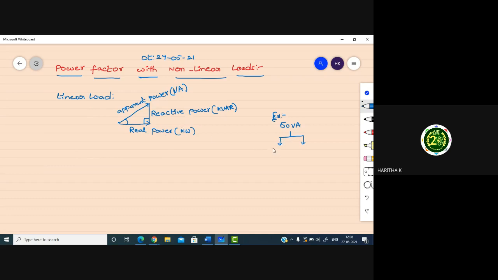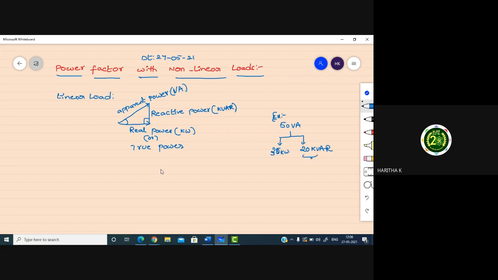It consumes 30 kilowatts as true power, that is real power. It is also called true power. And the remaining 20 kilowatts, this is kVAR.